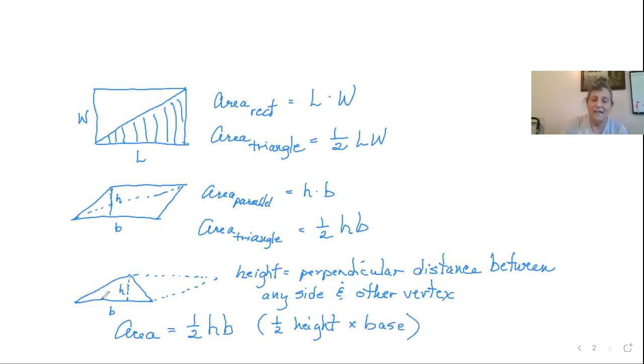And this will work for any triangle. That's why to get the area of a triangle, we have to remember to always multiply by 1/2. And I think that's the part that most of us have a tendency to forget. So these are very, very basic areas and perimeters.